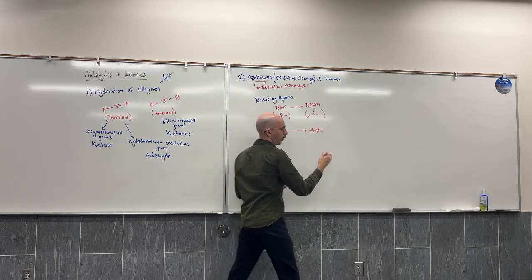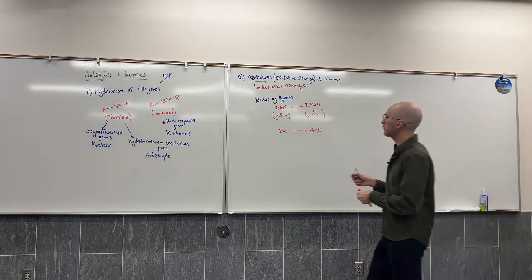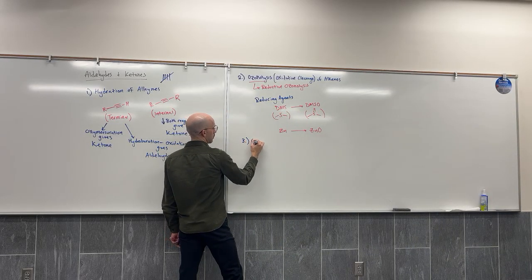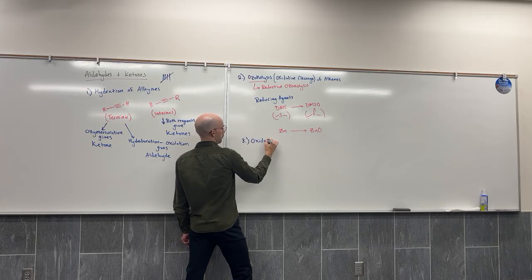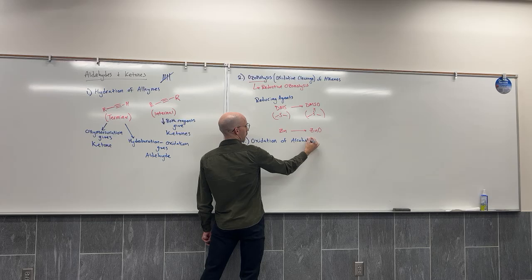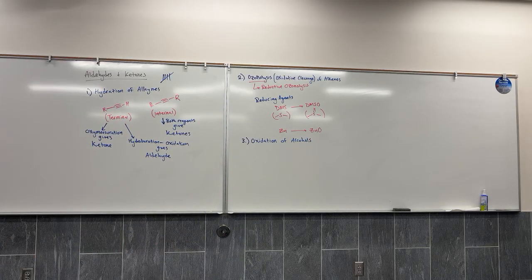Zinc can serve a role and helps to remove extra oxygen by becoming oxidized as well. Those were from OCHEM 1. Those were from our reviews at the beginning of the semester.